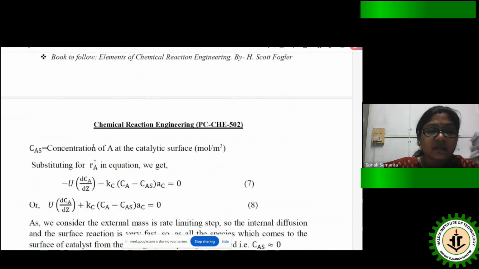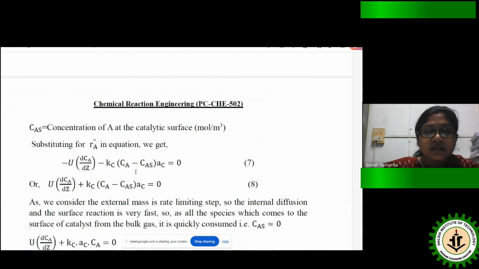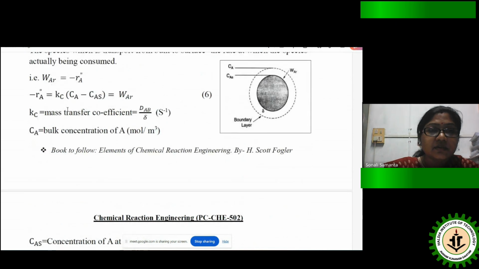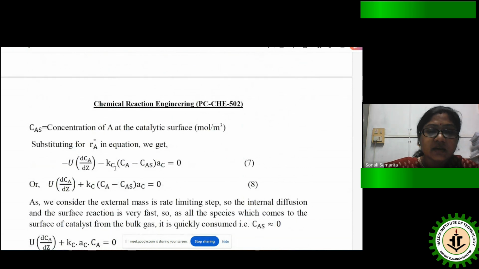So in place of RA, we can substitute Kc into CA minus CAS, and you can remove the negative sign. The equation is reduced to U dCA by dz plus Kc CA minus CAS into Ac.